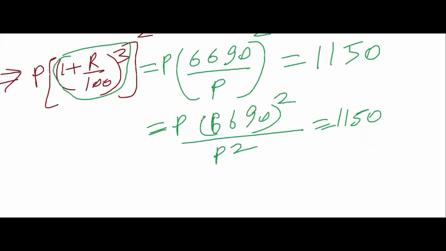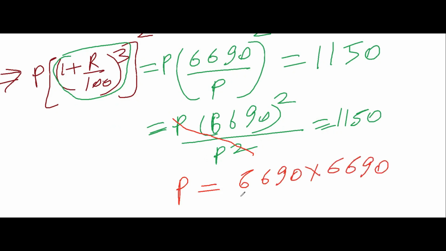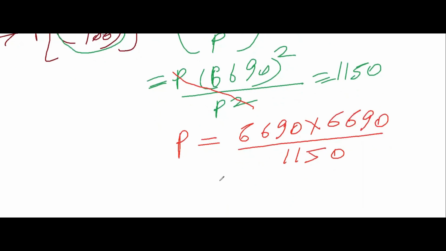Next step, one P and the other P will get cancelled, and the remaining P will be transposed. So finally the value of P will be 6690 into 6690 divided by 11150. When you solve this, you will get the answer as 4014. This will be your answer.